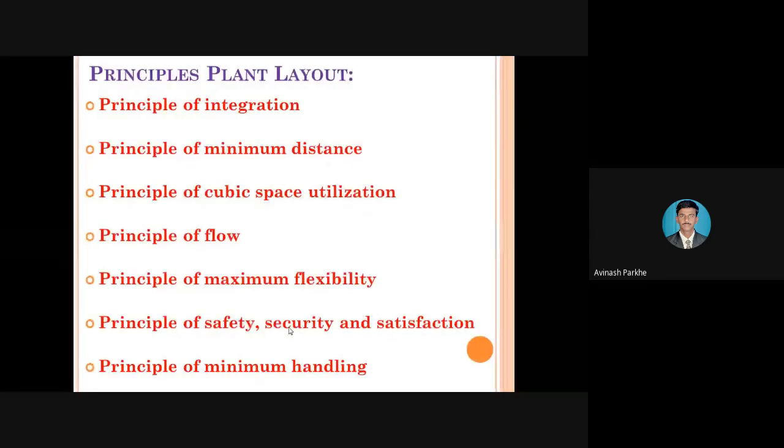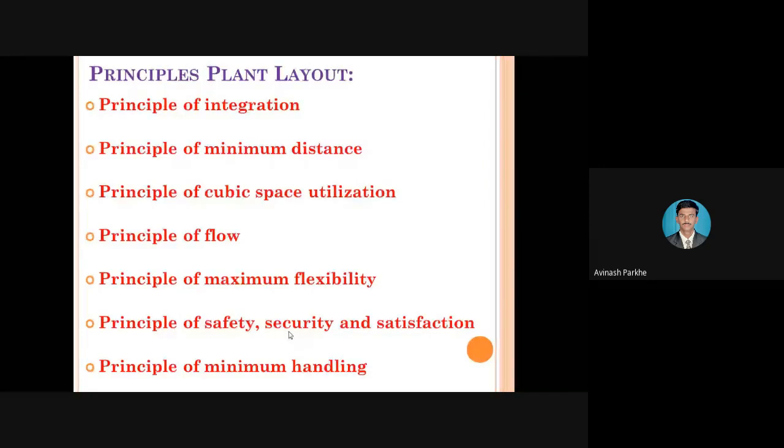But whenever we are doing modifications in the existing plant layout, that modification should take place in minimum cost and minimum time. Therefore, whenever we are designing the current plant layout, that design should be made in such a way that in future, if I have to go for a modification, immediately the modification can take place.